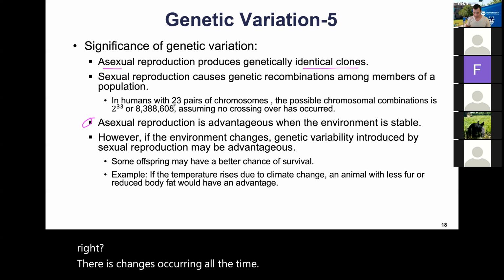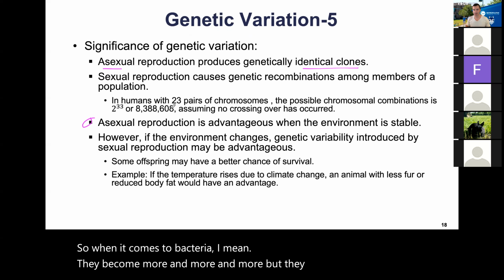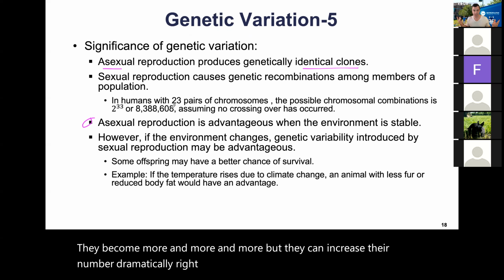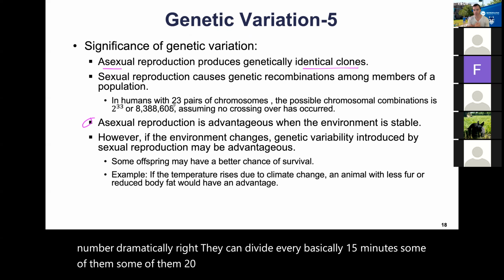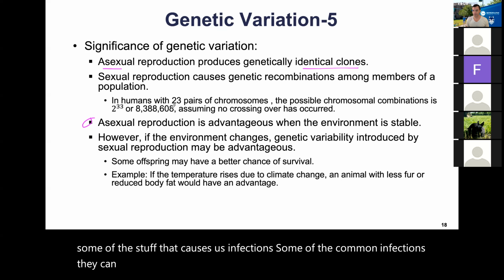So when it comes to bacteria, they can increase their number dramatically, right? They can divide every basically 15 minutes, some of them 20 minutes, some a little bit longer. Some of the common infections can reproduce really fast.